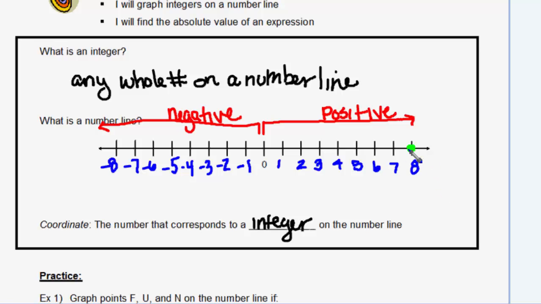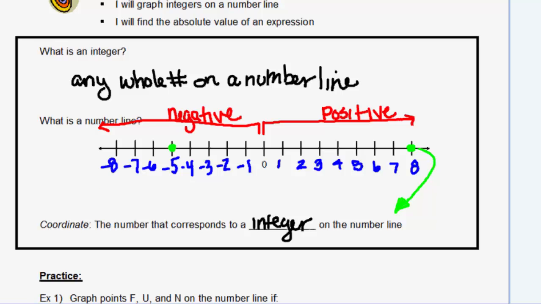So this point right here is also called a coordinate, the coordinate of 8. If I wanted to do the coordinate of -5, notice how I'm putting the point. The coordinate is right on that number line. It's not above it, it's not below it, it's right on the line.